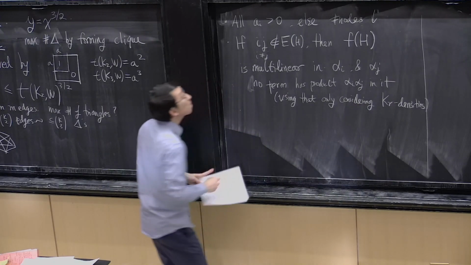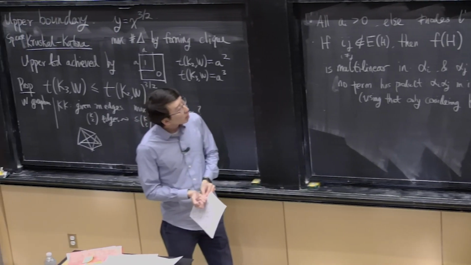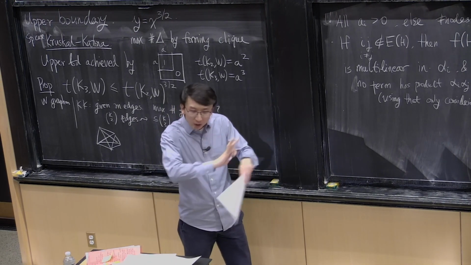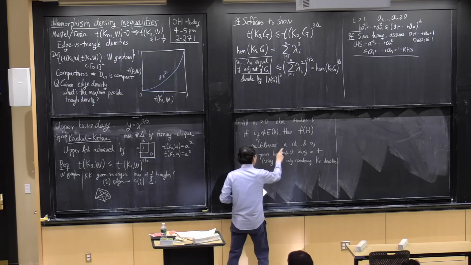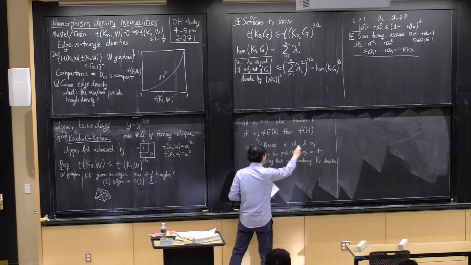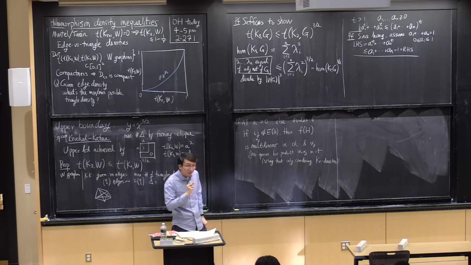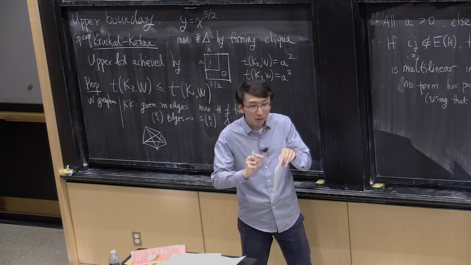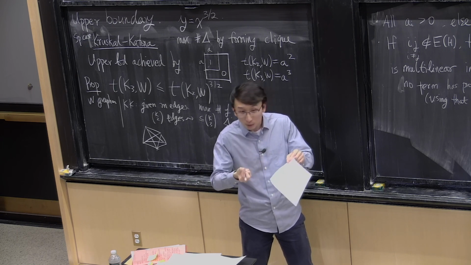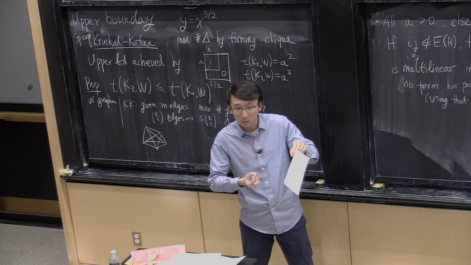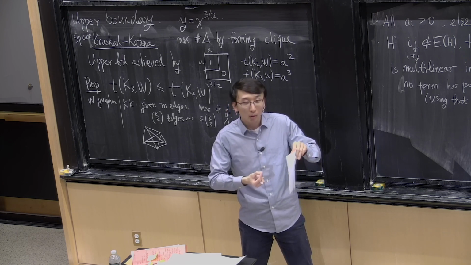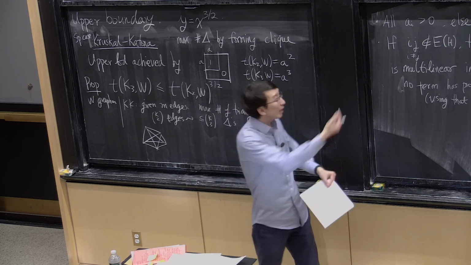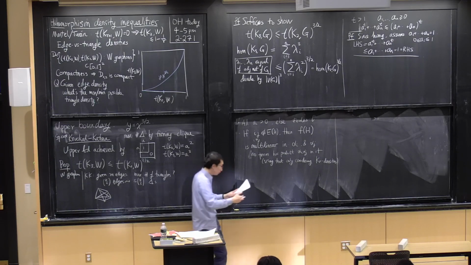So it's multilinear. If we now fix all the other variables and just think about how to minimize f of h by tweaking alpha i and alpha j, well, it's linear, so you should minimize it by setting one of them to be 0. And that would then decrease the number of nodes.